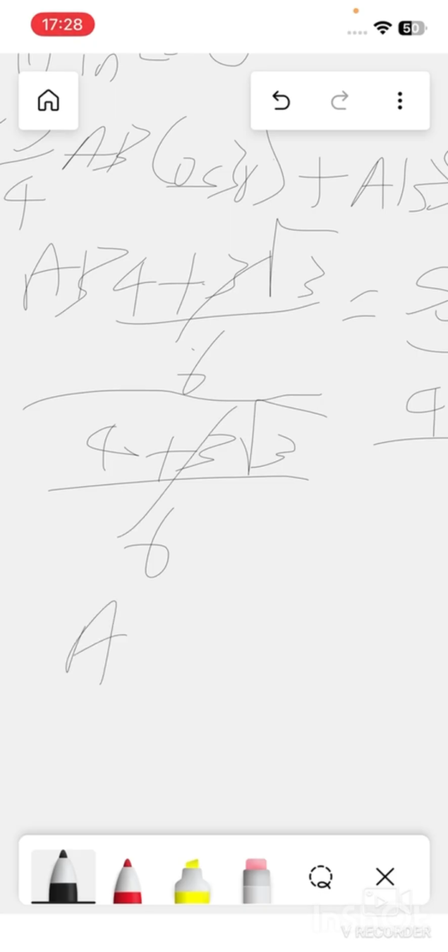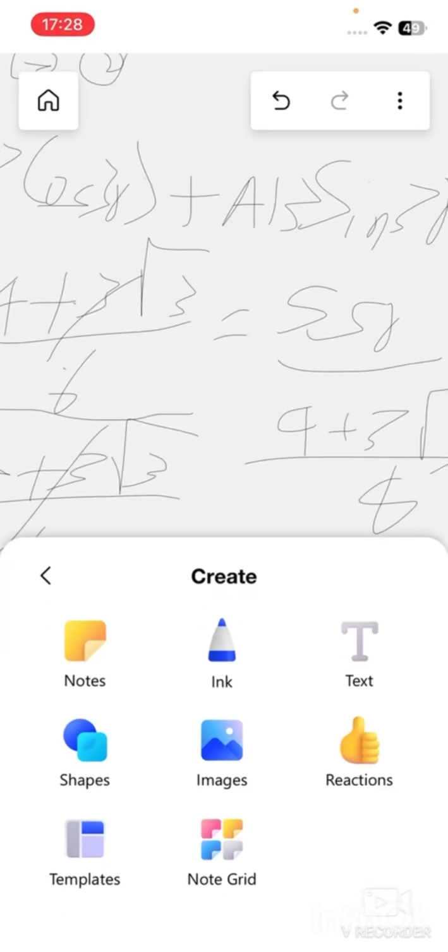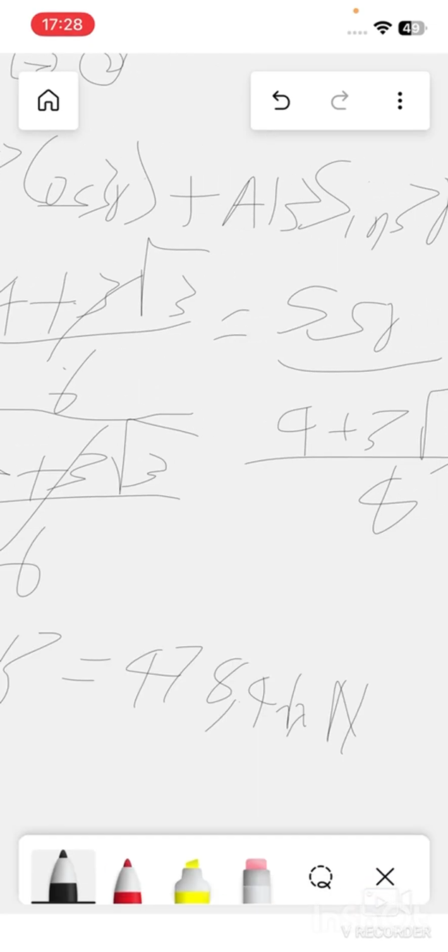Our AB is going to be, let's punch it out. I got my AB as 478.46. This is what? This is a force. So it has units. 478.46 Newton.